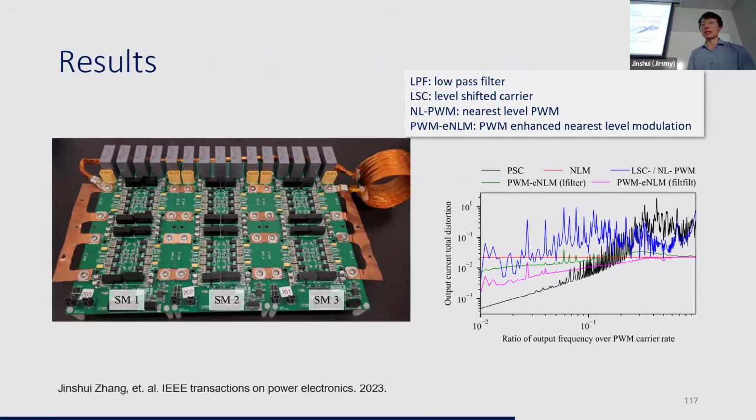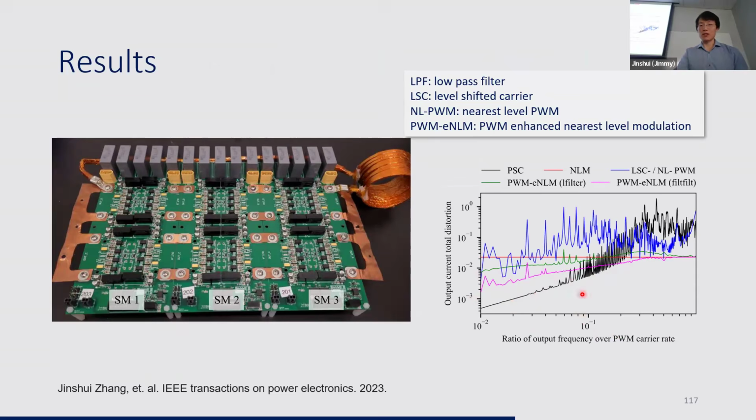We tested our theory on a 3-module circuit. The results are on the right. The x-axis is the output frequency, and the y-axis is the distortion. We gradually increase the output frequency from very low up to the carrier frequency and measure how each method holds up. And the lower the distortion, the better the quality.